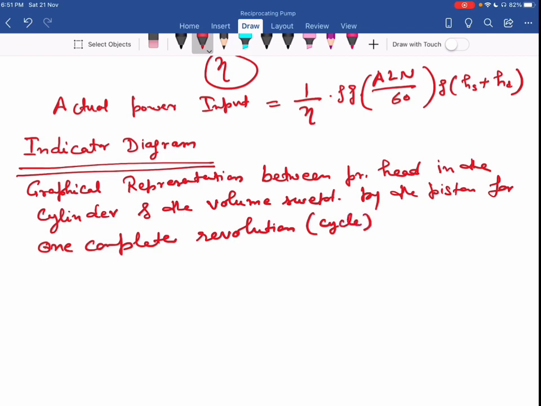So you can say the indicator diagram is the graphical representation between the pressure head in the cylinder and the volume swept by the piston for one complete cycle.